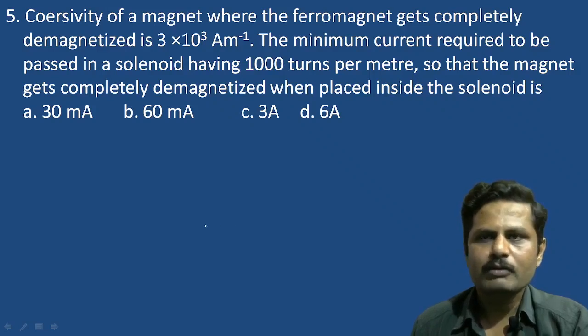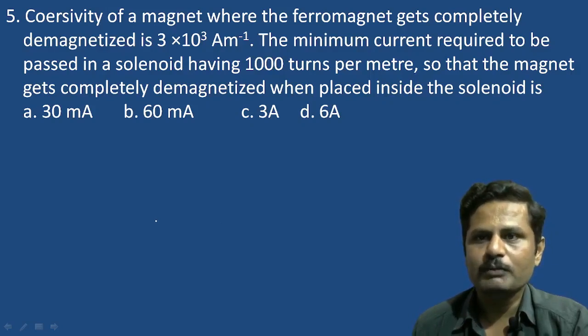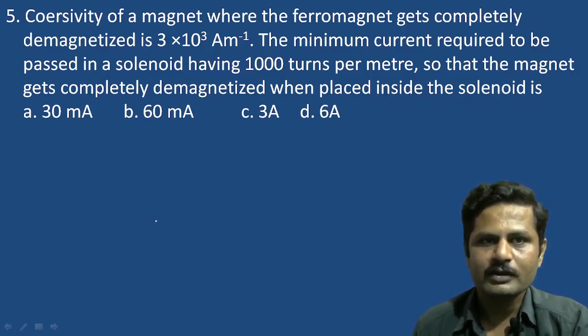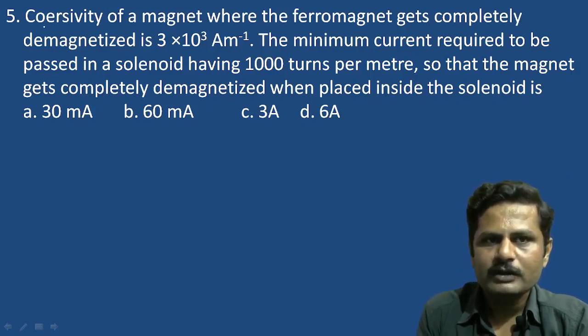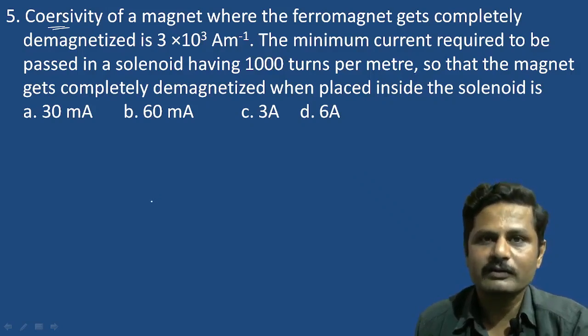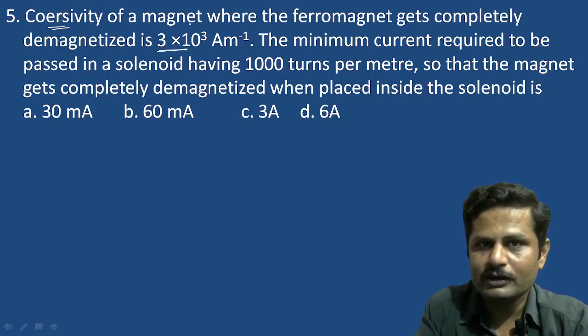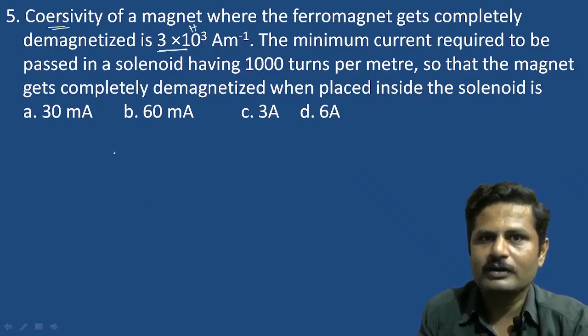The minimum current required to be passed in a solenoid having 1000 turns per meter so that the magnet gets completely demagnetized when placed in the solenoid is... Here the coercivity refers to the intensity of the magnetic field where the magnet gets demagnetized, that is the intensity of the magnetizing field, H. So the intensity of the magnetizing field is 3 into 10 to the power of 3 ampere per meter.